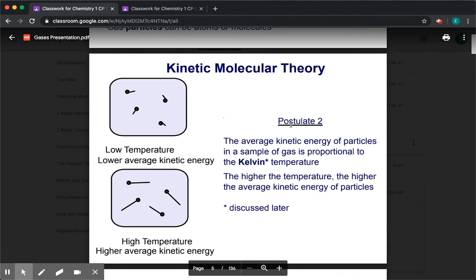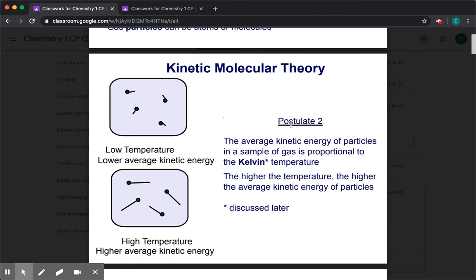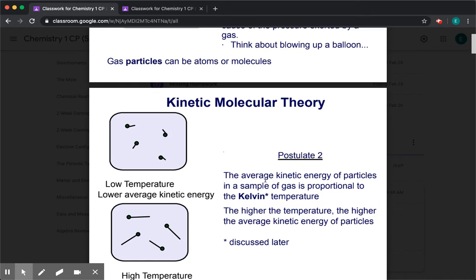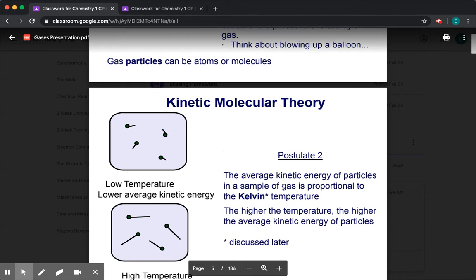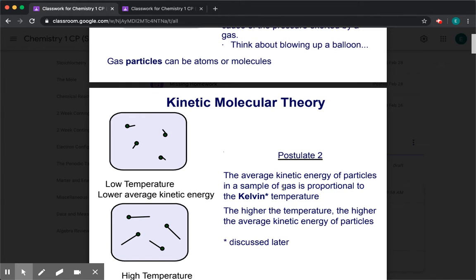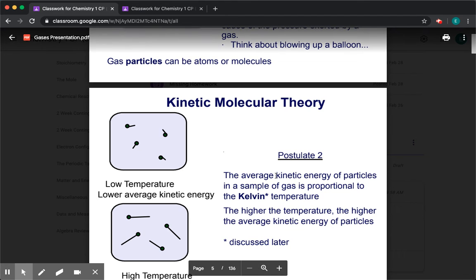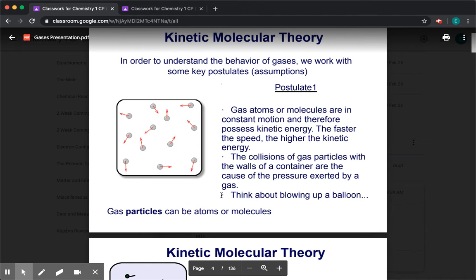The second idea, postulate number two, says the average kinetic energy of particles in a sample of gas is proportional to the temperature. Kelvin is another unit of temperature. So the kinetic energy is proportional to the temperature, meaning the higher the temperature, the higher the kinetic energy. So let's go back to the first idea.